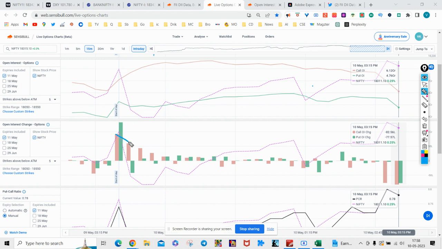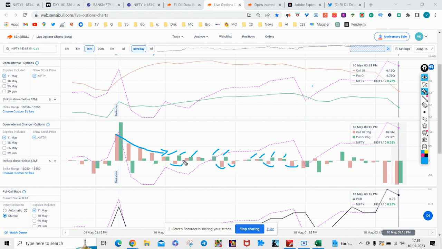You can see that the call writing is gradually reducing. The call OI change, although it is there, is gradually reducing. What does this mean? It means that the call writing positions are slowly being taken out, and then you can start seeing put writing, call unwinding, put writing, call unwinding, put writing, right?